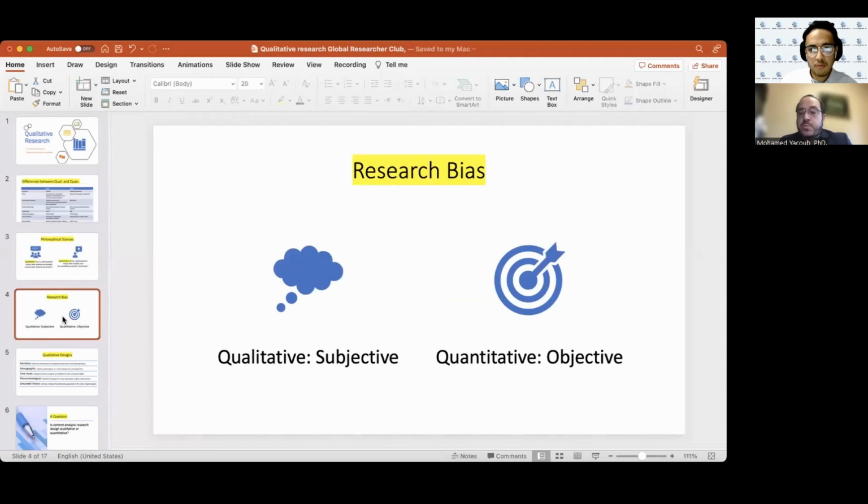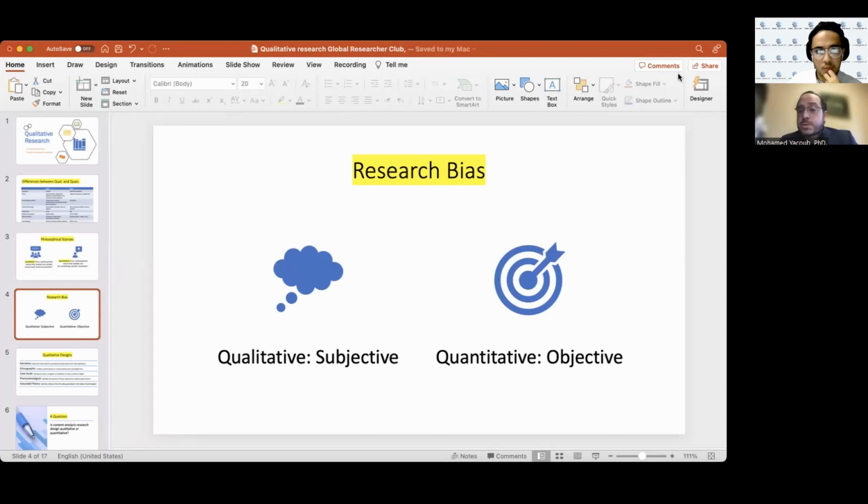Someone might say, wait a second, how about the bias? Since you're going to do some interpretations, and talk about the data you have collected, isn't there going to be any bias? Well, definitely, of course. We're all biased in one way or another. Actually, the idea that things can be objective is nonsense when it comes to qualitative research.